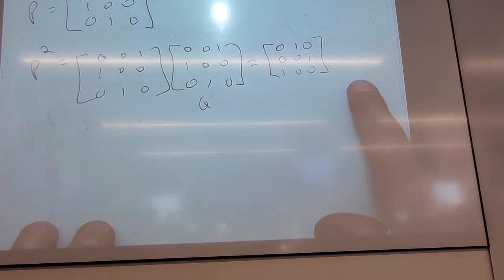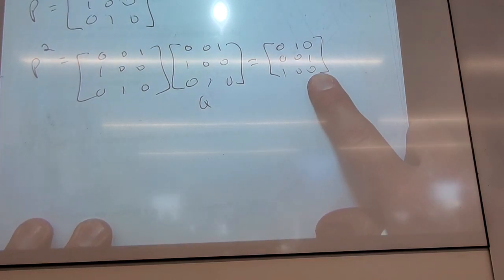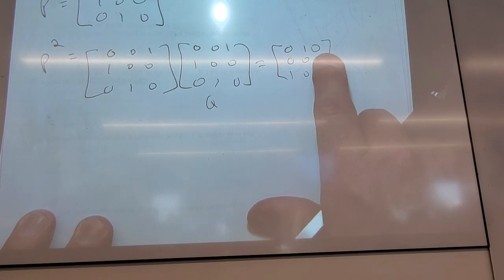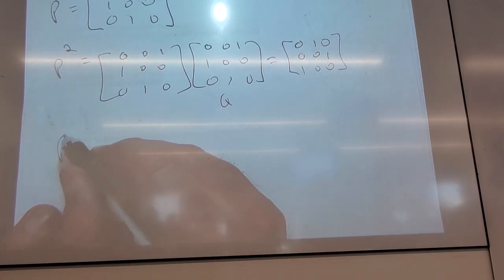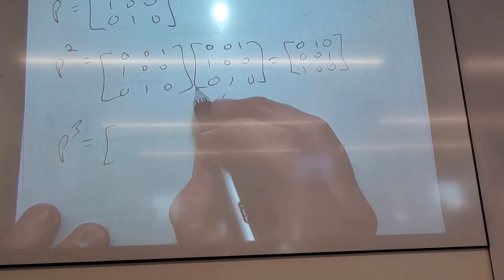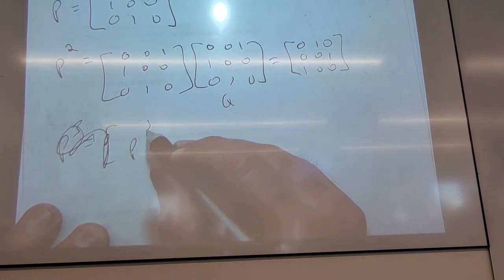Now, have we gotten back to the identity matrix? Is P squared equal to the identity? No. Okay. What's P cubed? Let's see if you guys are cool with this. P cubed is a little weird.